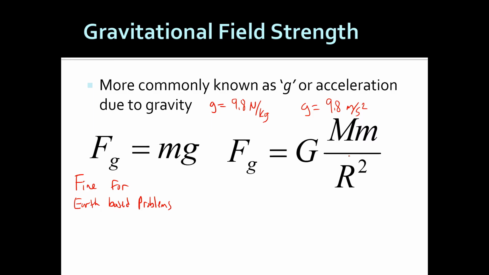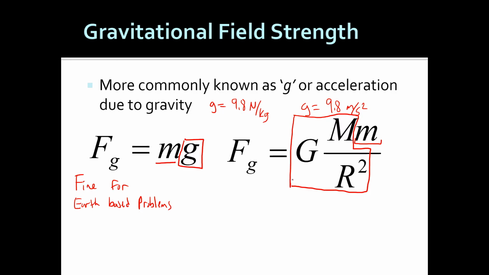If you look at the two equations carefully, they have one thing in common. They both have a little m in there, so that's the mass of an object. And using mathematical reasoning, that would mean that this g is mathematically equivalent to this portion of the universal gravitational equation.